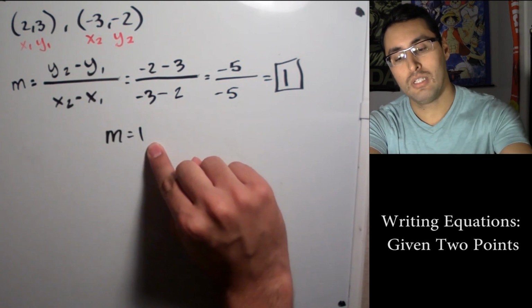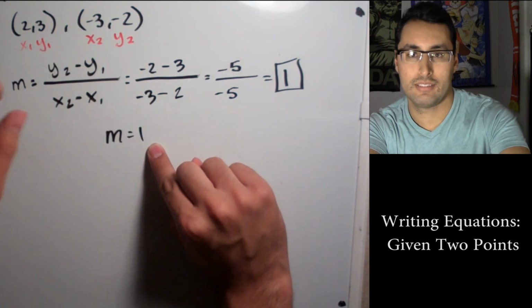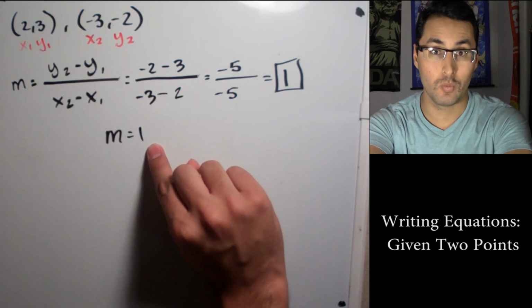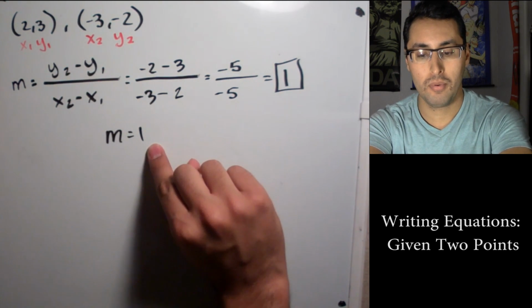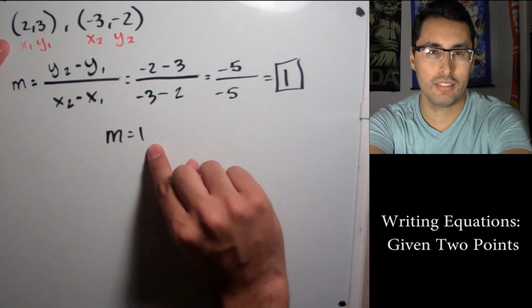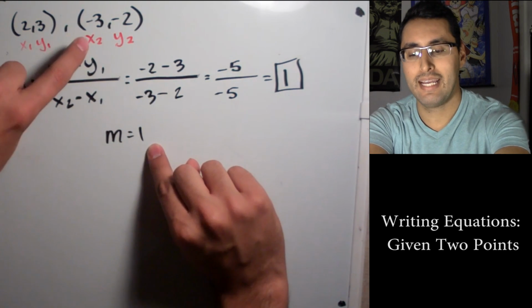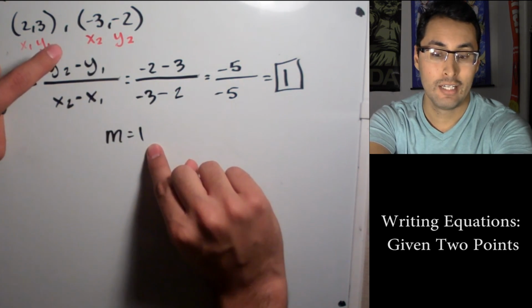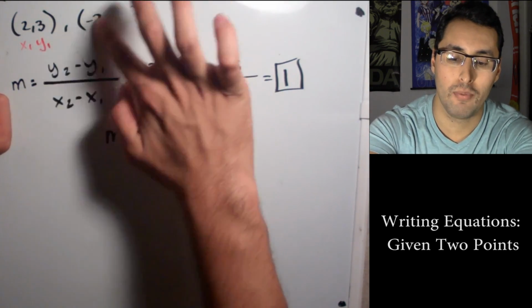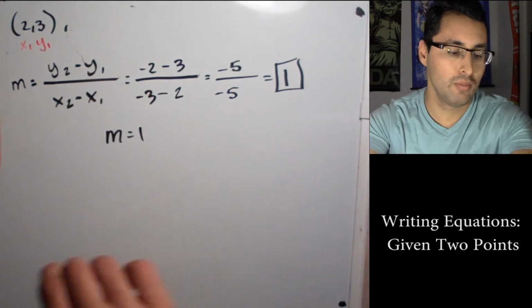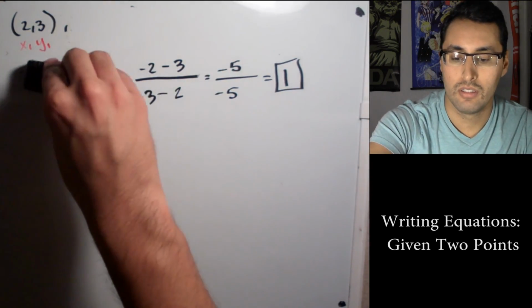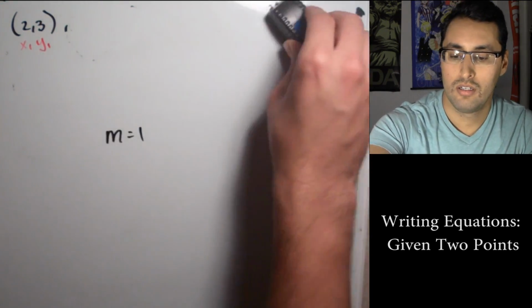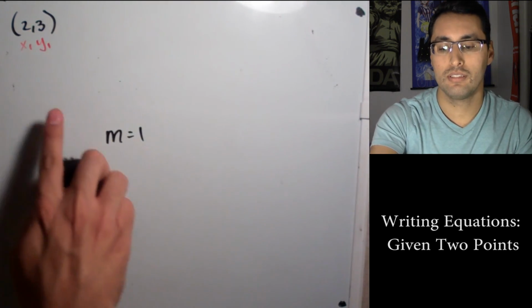Now for step 2, I'm going to pick one of these points. I can do either, it would work. But do I want to use +2, +3, or -3, -2? Well, I really dislike minus signs, so I am not going to use that point. I'm going to use this point and this slope.